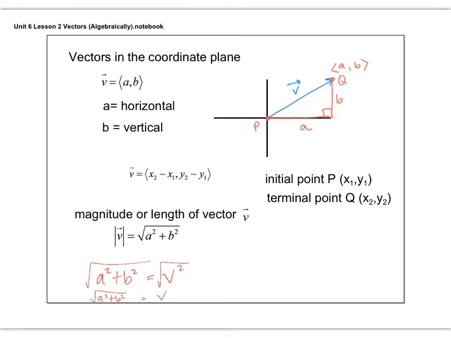Because we're dealing with lengths, you're never going to have a negative distance. So you can see our little formula here for the magnitude of a vector: the absolute value of v equals the square root of a squared plus b squared. Basically the Pythagorean theorem. One other thing I wanted to point out: in my example here, my vector starts at the origin. Vectors don't always have to start at the origin. So just keep that in mind. In this case it does, but it doesn't have to.